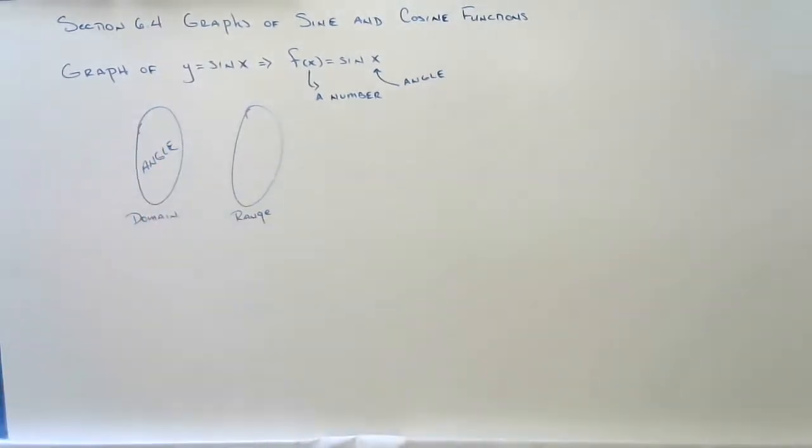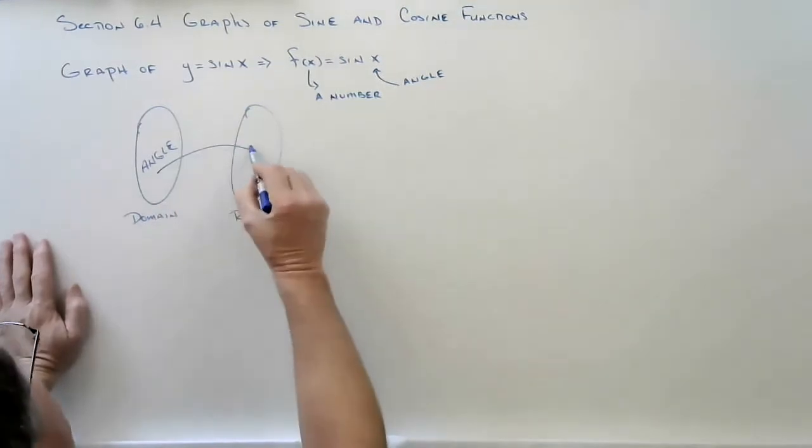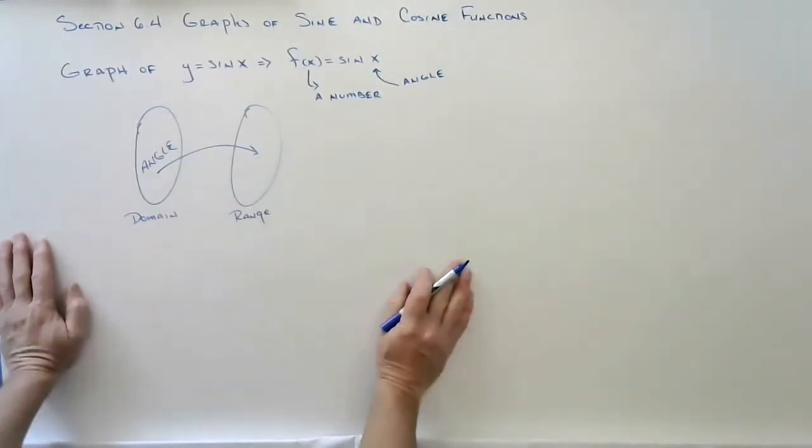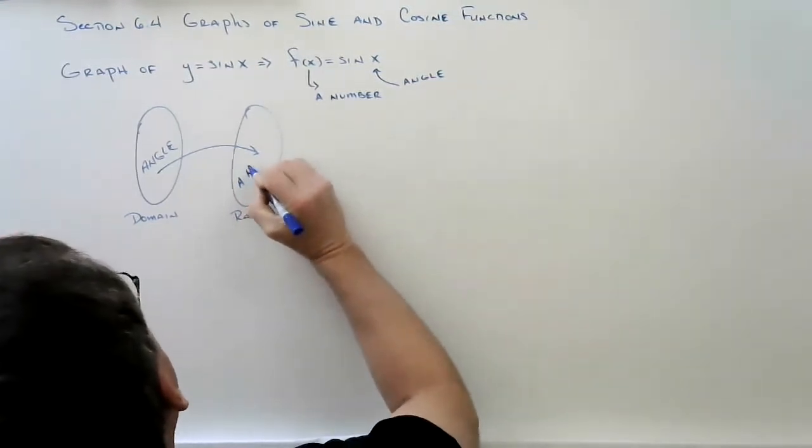We plug in 30 degrees or pi over 6, or we plug in 45 degrees, or we plug in pi over 4, or we plug in 225 degrees, or we plug in 3 pi over 4. We're plugging in an angle, and then the sine function, pardon me, or the cosine function, they turn that into a number.